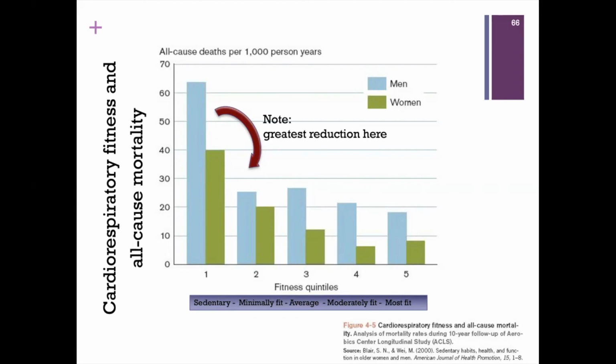We don't see it as much when we go from minimally fit to the other categories, but we get a big drop from going from sedentary to minimally fit. So literally adding walking at night into a person's program can reduce their chance of death. That's a huge factor to be considered.